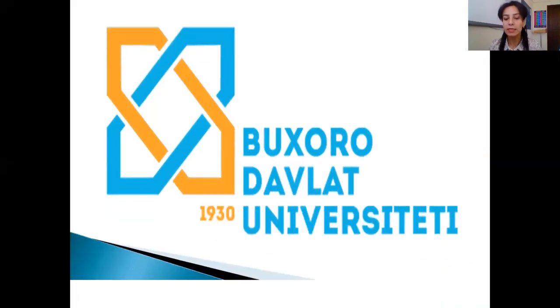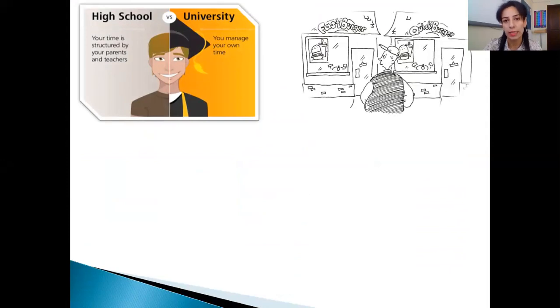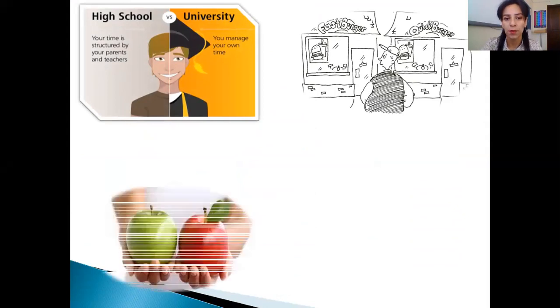So what is comparison and contrast first of all? Comparison is when you compare two things. For example, in the presentation, we compare high school and university. Two places are compared here, Fast Burger and Quick Burger.